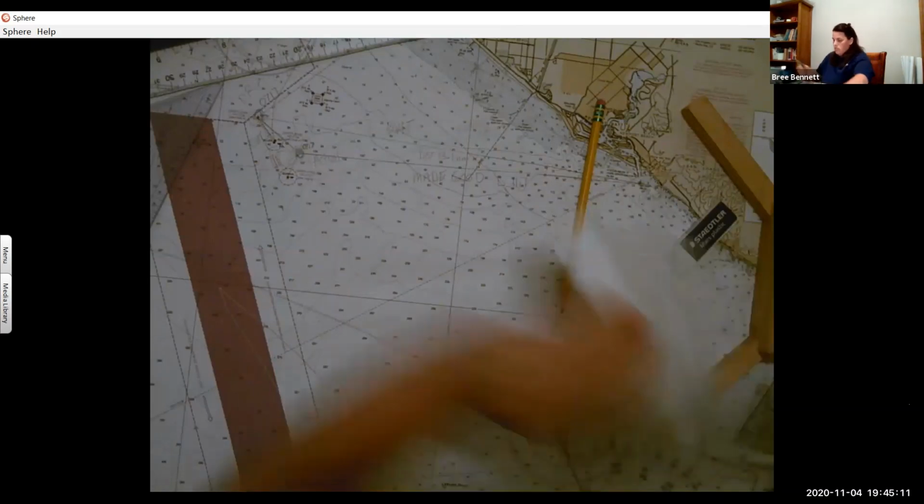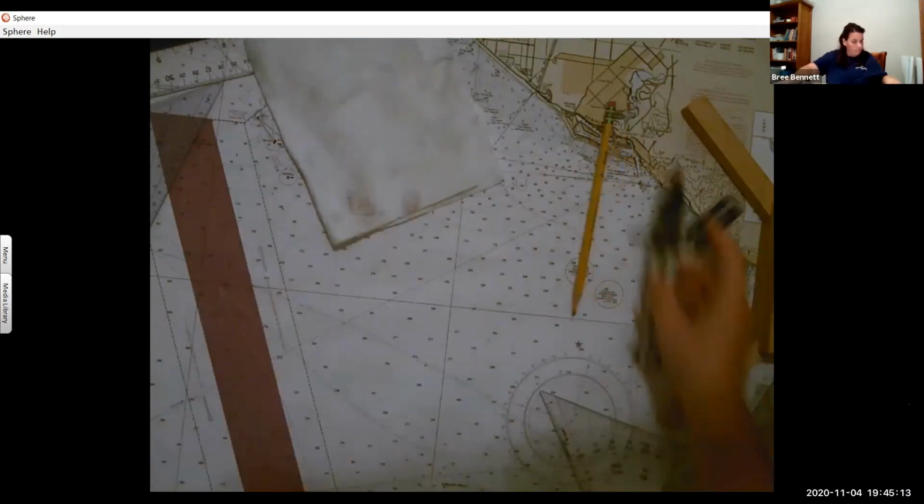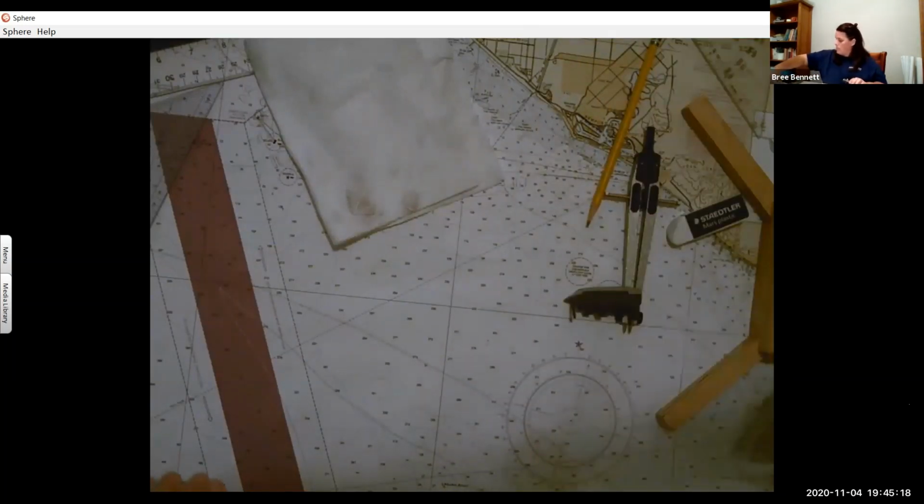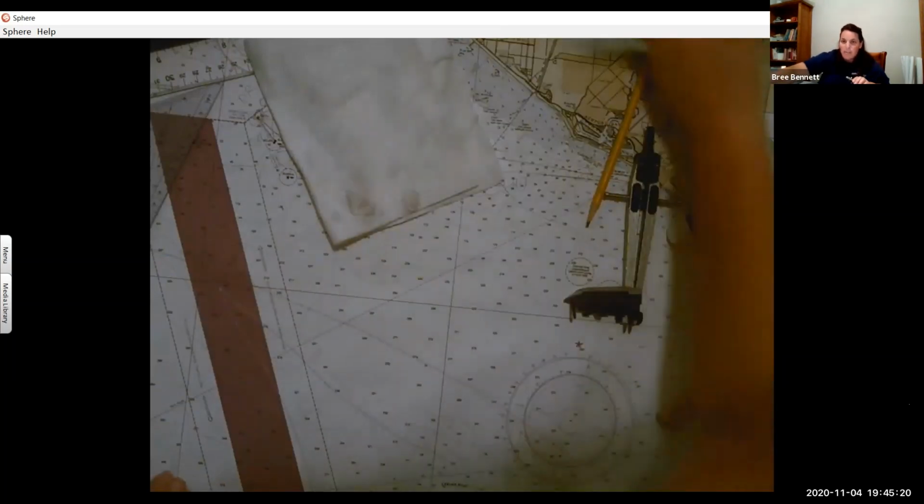So let's do that. Keep moving stuff around today. I have a small work area.